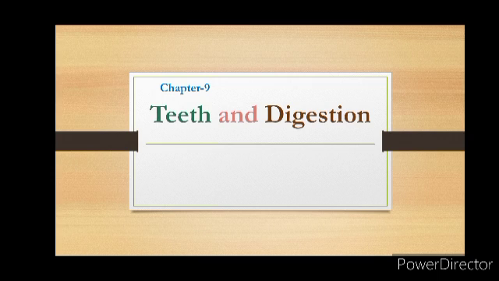Teeth have three different parts: enamel, dentine, and pulp. Enamel is the strongest or hardest part of our body, and dentine lies below the enamel. It is also hard. And pulp lies inside the dentine.